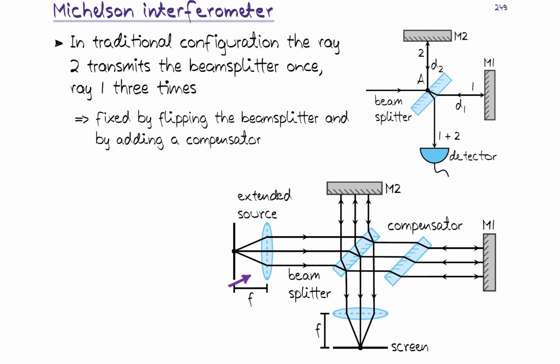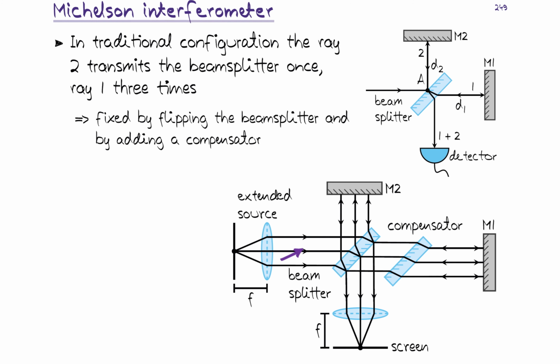By the way, if you have these kinds of extended sources, then we could also have a screen or a camera here, and then we could get more information on the d times cosine theta term here.